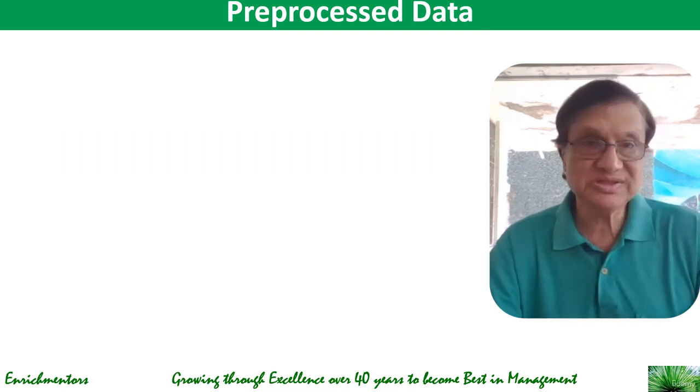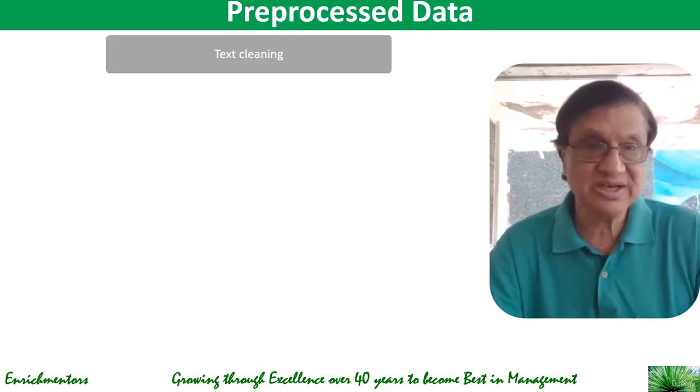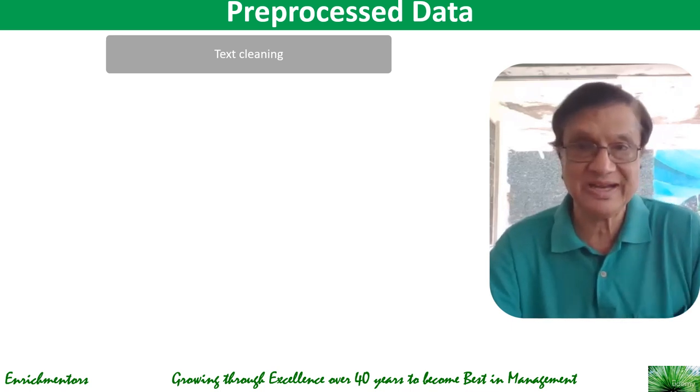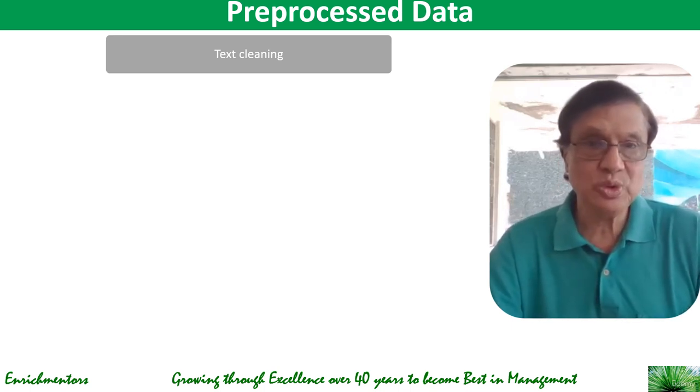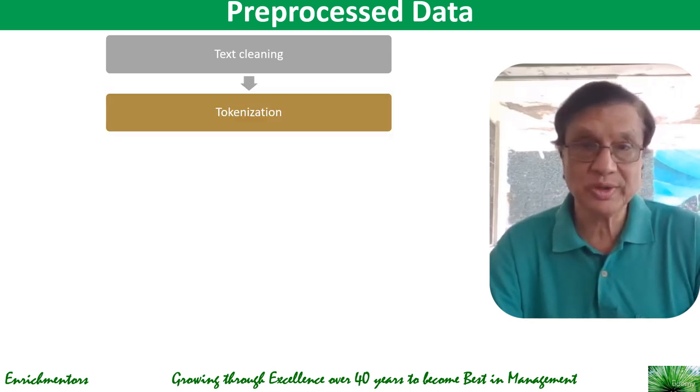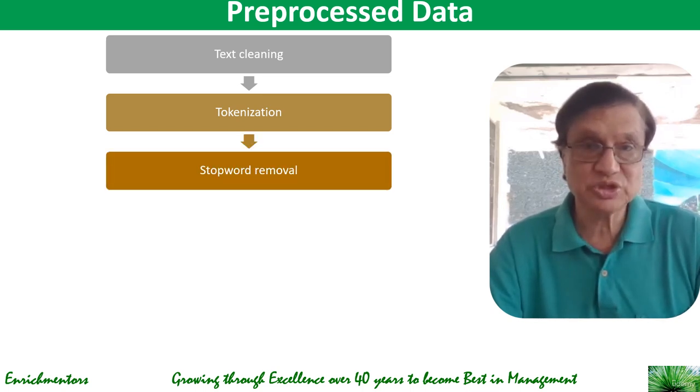Then they pre-processed the data to make it suitable for sentiment analysis. For text cleaning, they removed special characters, punctuation, or HTML tags, and converted text to lowercase to standardize the text format. Then they split the data into individual words or tokens for further analysis, and removed common stop words like the and is that do not carry significant meaning.